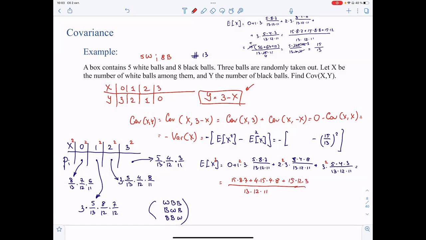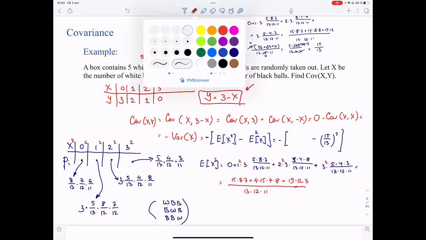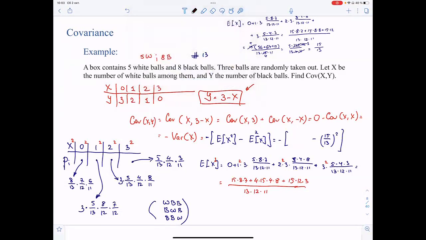So if I did no mistake, hopefully, this should be correct. Then I will do the following. I will grab 15 times 4 outside of the brackets. So I'm going to grab 15 times 4 outside of the brackets. And inside I have 2 times 7 plus 4 times 8 plus 9.